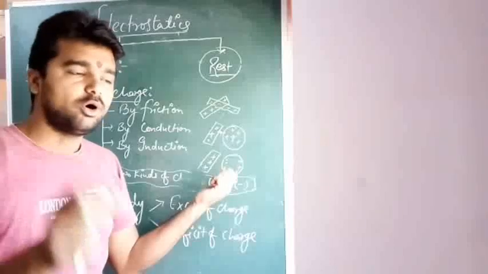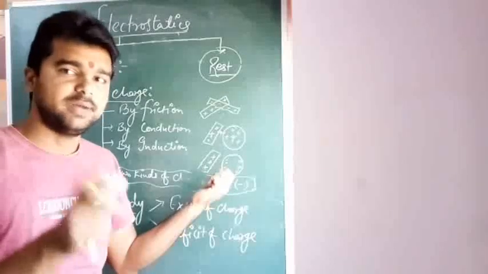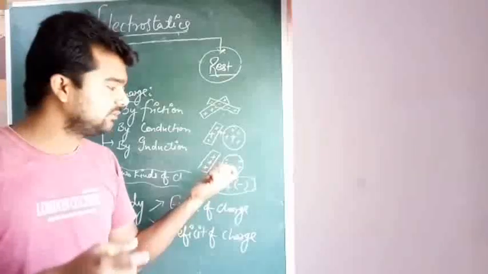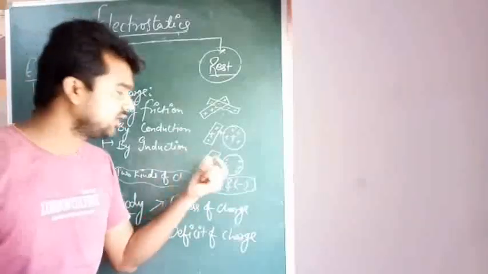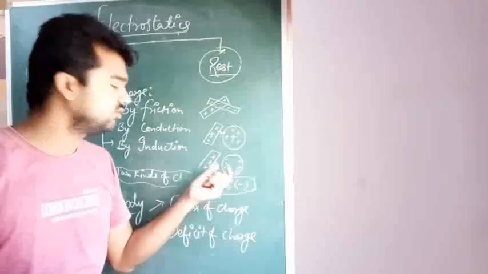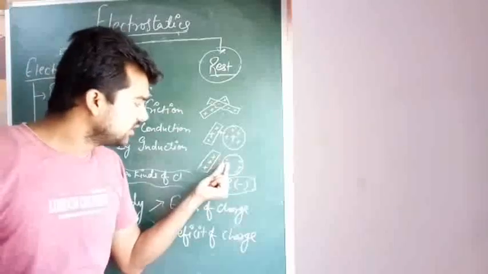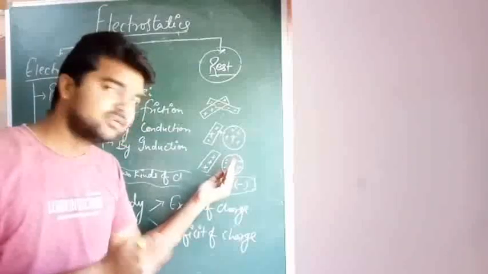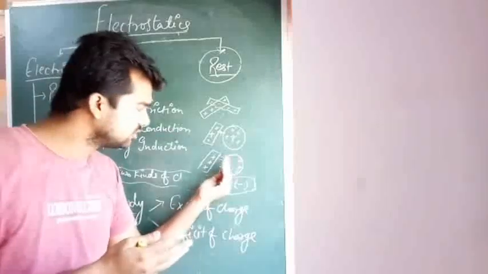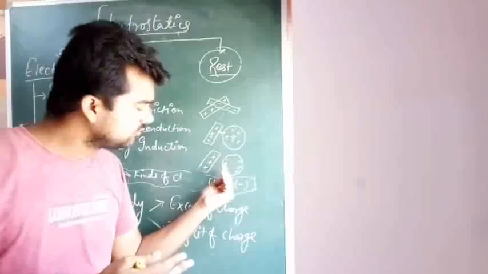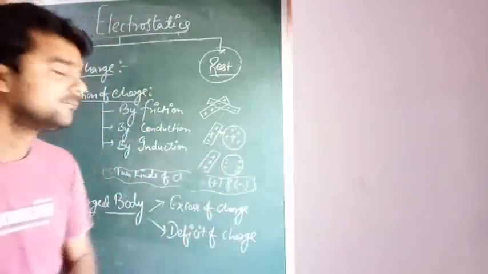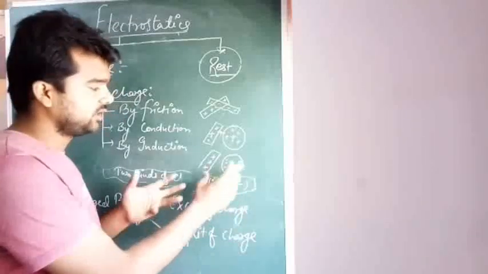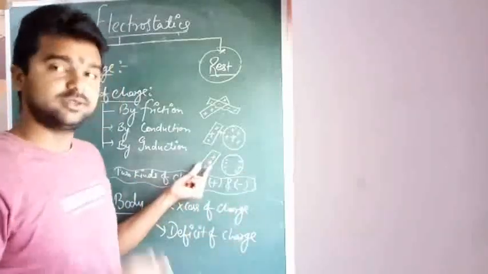We know all bodies are made up of matter, and matter is made up of atoms. An atom has positive and negative charges. So what happens is a little shift of the charges: the negative charges come to this side and the positive charges go to that side. With this, the body acquires a different nature of charge.